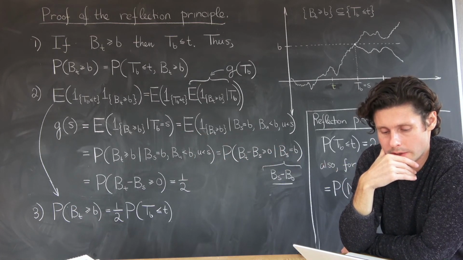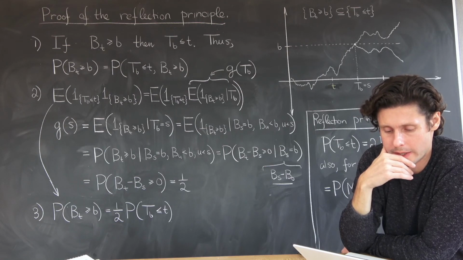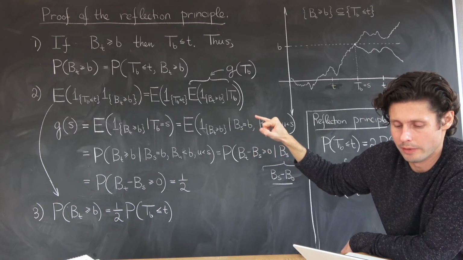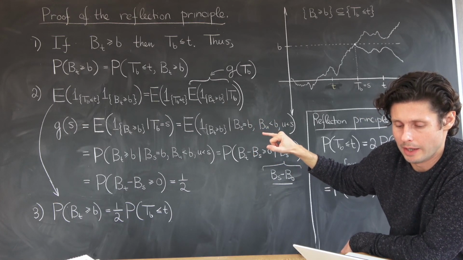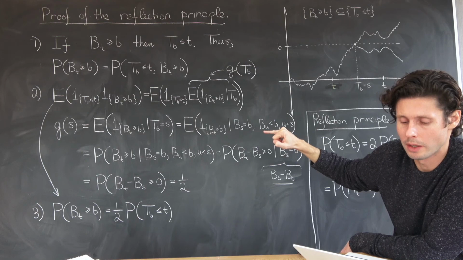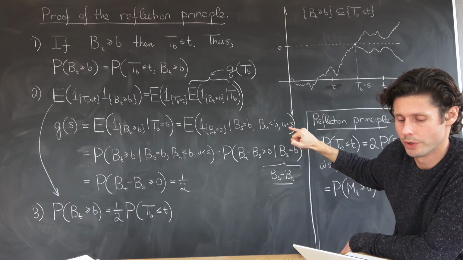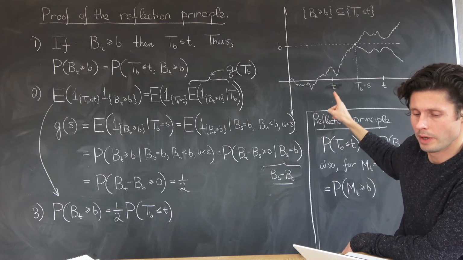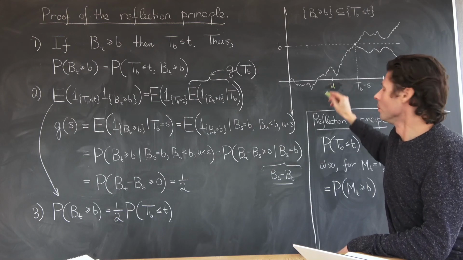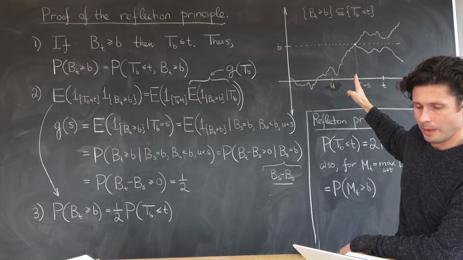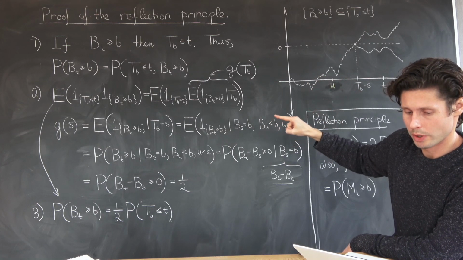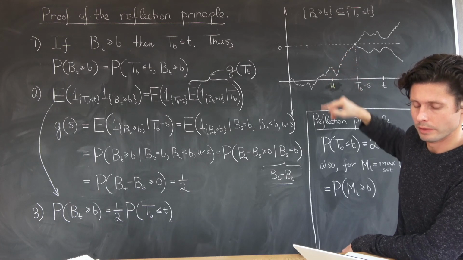And that's clearly not the only part of the definition of the hitting time. Not only does B have to be at the level that we want to hit, it also has to be true that it was the first time that this happened. And so I've appended here the condition that the Brownian motion at all times u, for all u before s, everything before this point, the Brownian motion had to be strictly below the level b, which is what you observe.